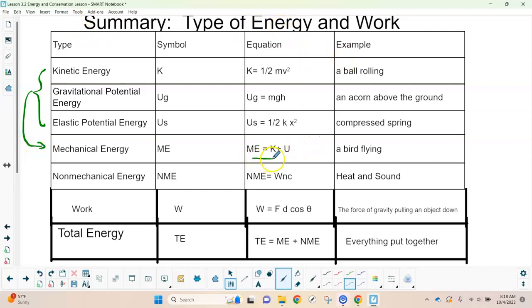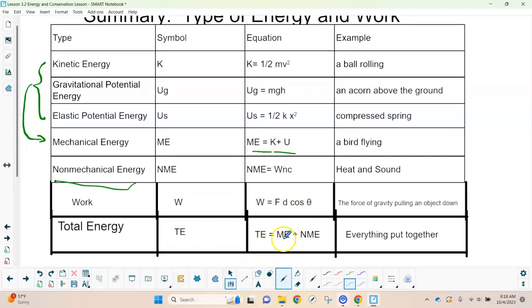So mechanical energy is all the kinetic plus all the potential. Non-mechanical energy is the heat and sound energy. It's work done by non-conservative forces. Friction would fall under that. The work done by friction changes things into heat and sound. So that's non-mechanical energy. To find work, we do F D cosine theta.